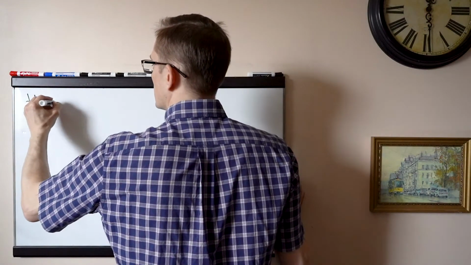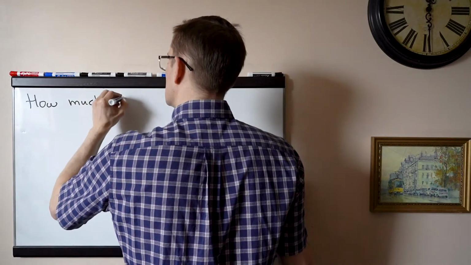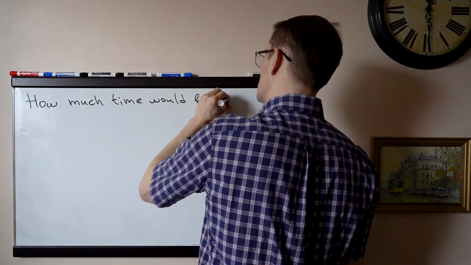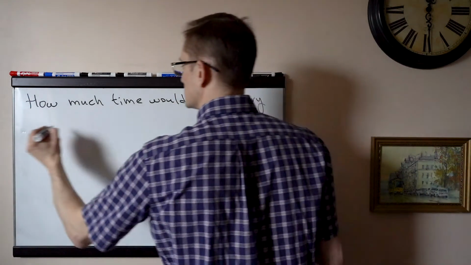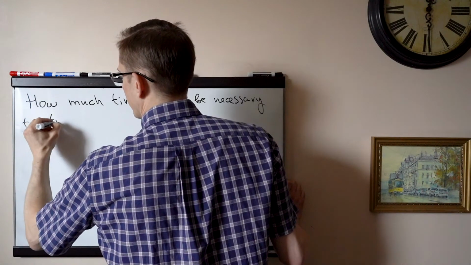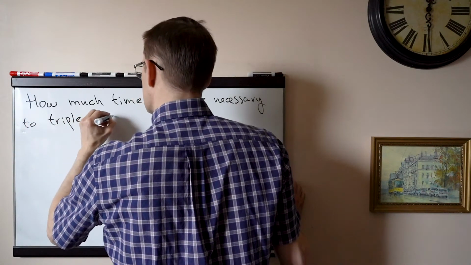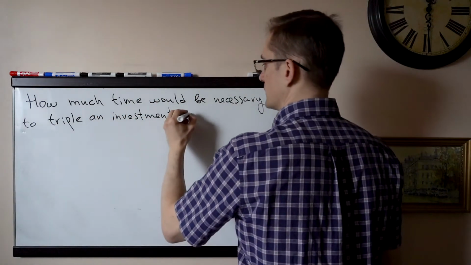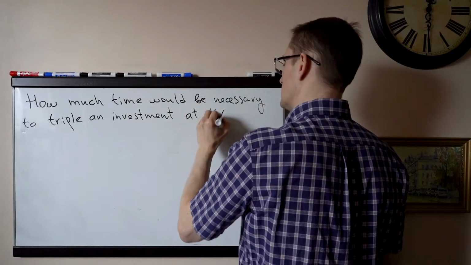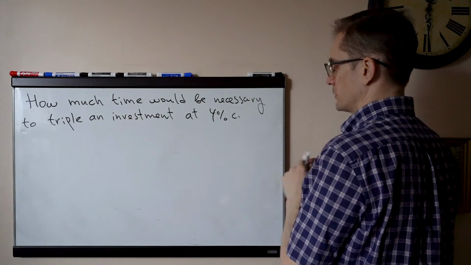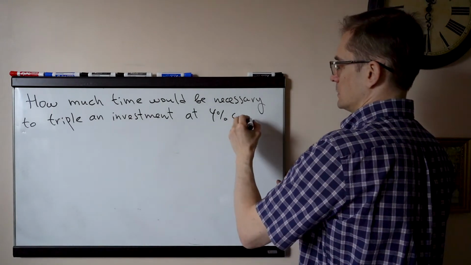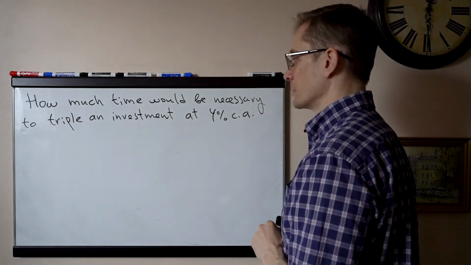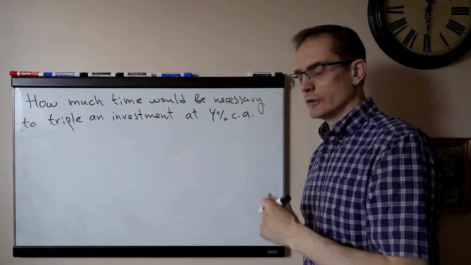So how much time would be necessary to triple an investment at 4% compounded annually? Let's do it annually right now. So how much time would be necessary to triple an investment at 4% compounded annually?